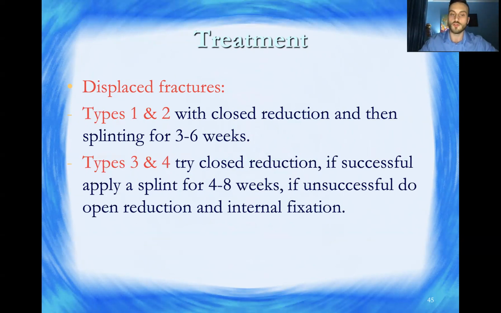For type 1 and 2, usually we do closed reduction, and we splint for 3 to 4 weeks. Type 3 and 4, which involve the articular surface, sometimes if closed reduction fails, you have to go for open reduction and internal fixation.